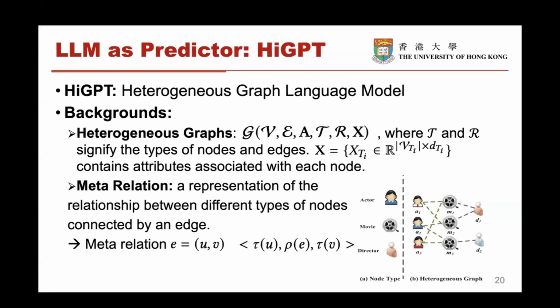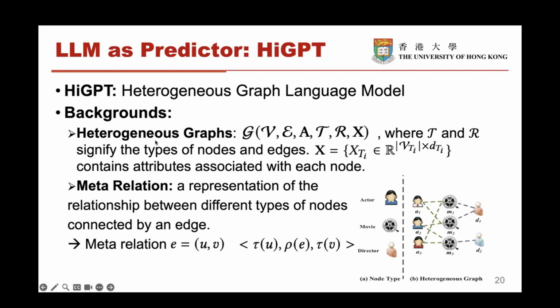In contrast to homogeneous graphs, the formulation of heterogeneous graphs contains the types of the nodes and edges, and the feature matrix of a heterogeneous graph is divided into different types. Due to these features of heterogeneous graphs, we have the meta relation to model them.